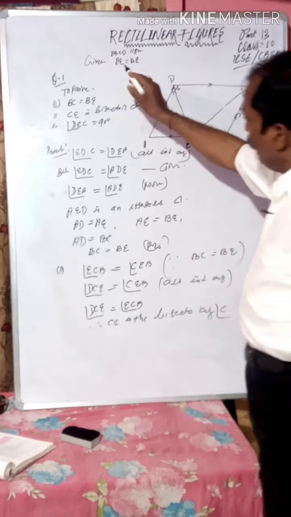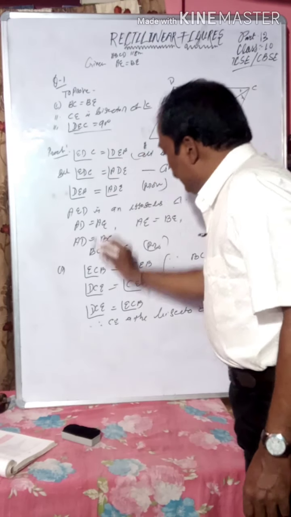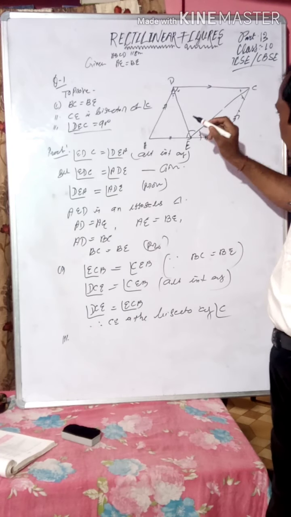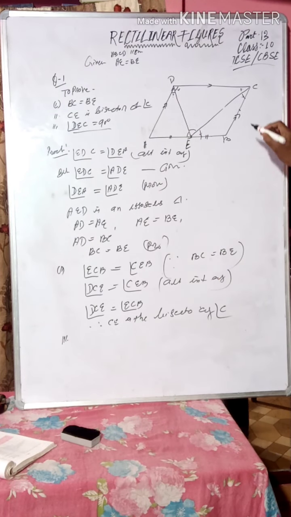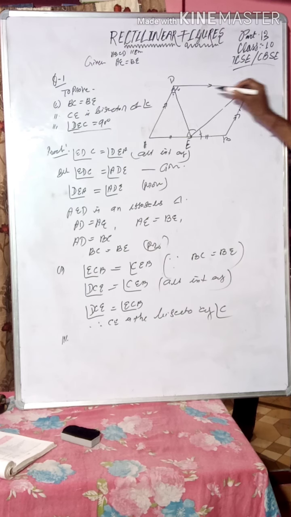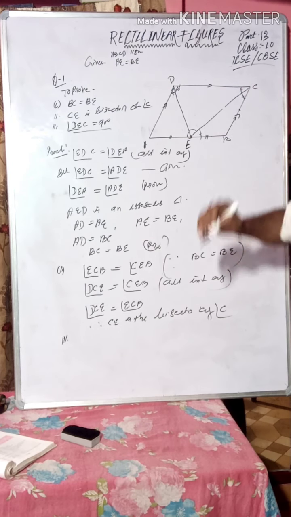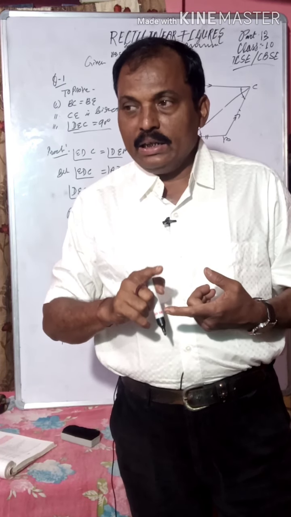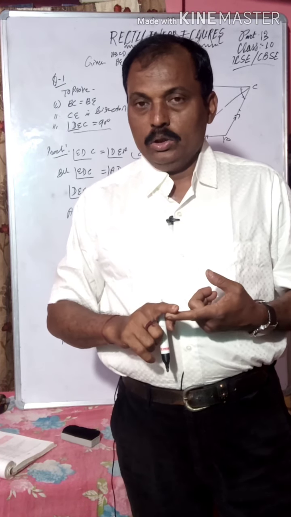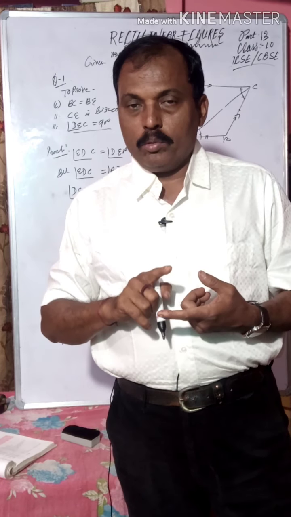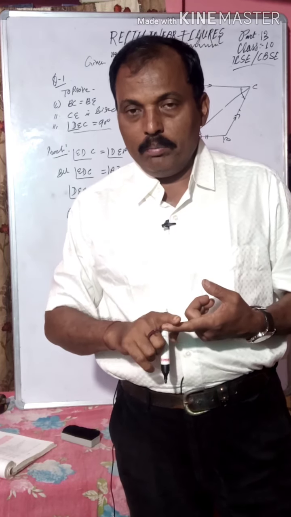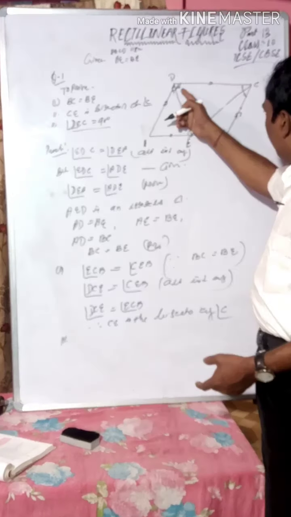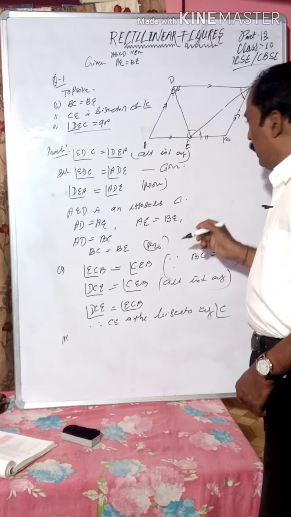Then third, angle DEC will be 90 degrees. Very easy, because this angle plus this angle, the total of adjacent angles in a parallelogram, is 180 degrees. They are supplementary to each other. These are only 1, 2 or 3 steps.